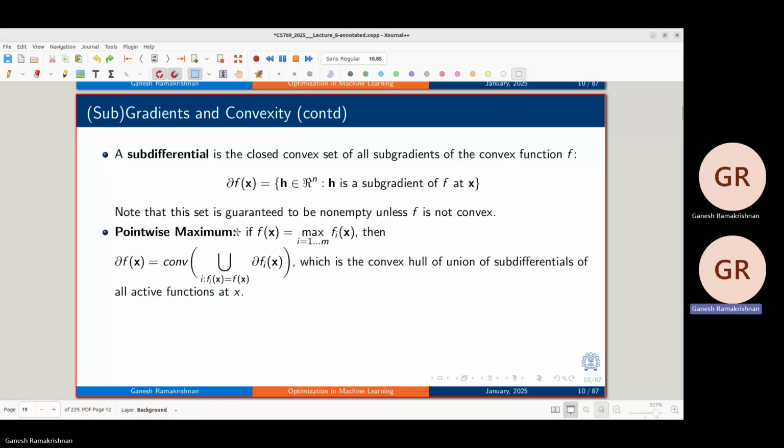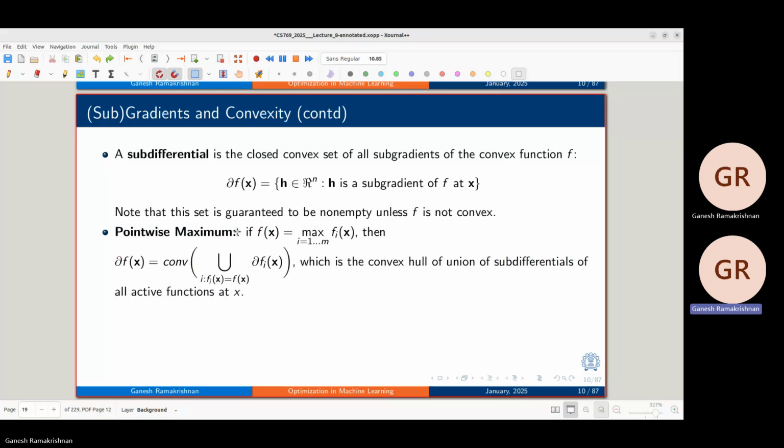So let's look at some calculus properties. Okay. So first, it is a closed set. The second is what I just demonstrated here, and then its generalization, the previous slide, the pointwise maximum. You can actually derive the subdifferential of the pointwise maximum of multiple convex functions by looking at the subdifferentials of those individual functions.